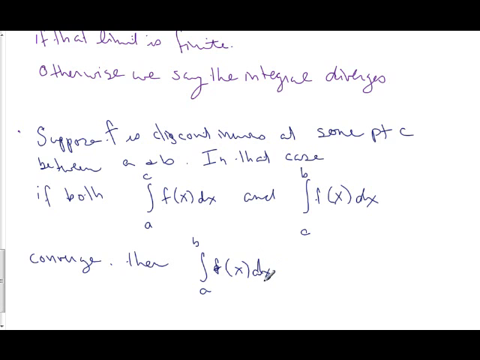Just like we would do the sum of integrals in general. That would be the sum of the integral from A to C of f of x dx plus the integral from C to B of f of x dx.